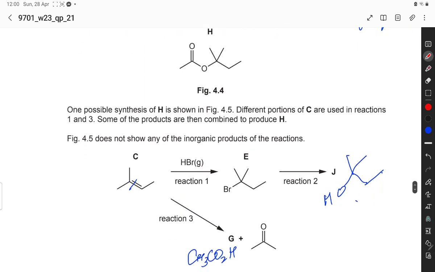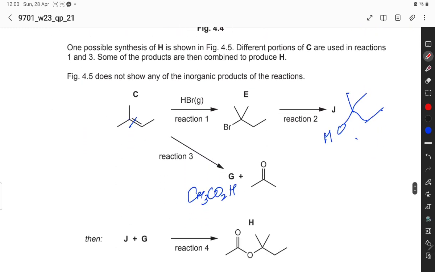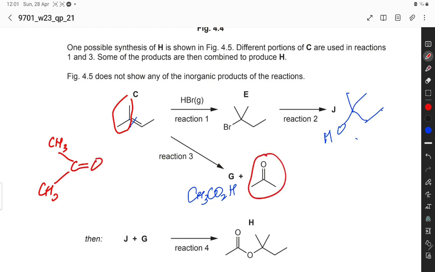This is HBr, reaction 1, and the reaction is like this, and reaction 3 gives G, and this is C double bond O. This side changes into CH3, this is C, and this is CH3, and over here double bond O, this compound is formed.